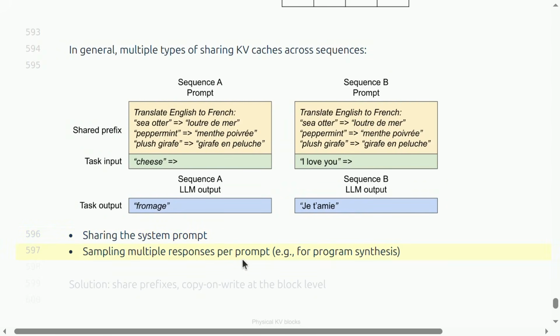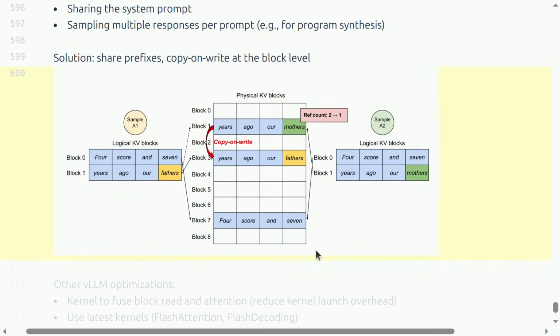Also, there are many applications where you have the same prompt and you want to generate multiple responses. In that case, you can share the KV cache for the prompt and just have unique responses coming out.